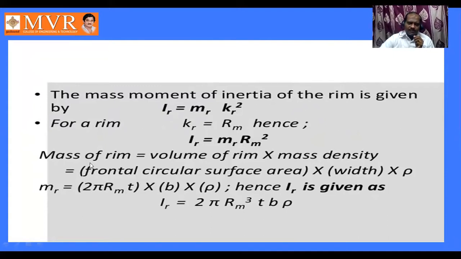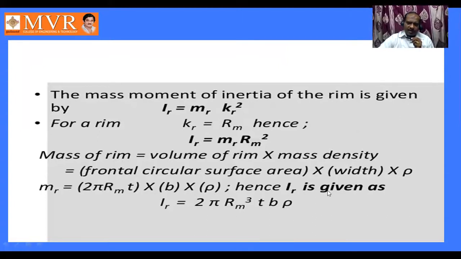So the mass of the rim is given by, as I already told, volume of the rim into mass density. That is frontal circular surface area into width. Surface area means 2 pi r, including circumference, r is the radius, t is the thickness, b is the breadth, and rho is the density of the material.